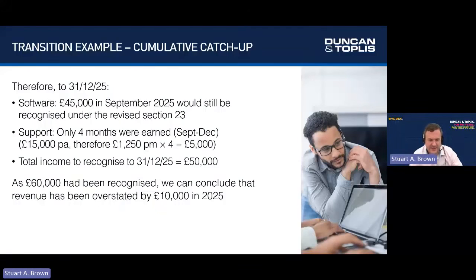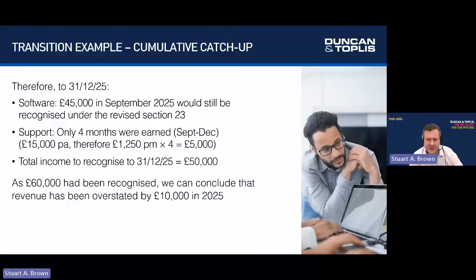Just to reiterate, £45,000 recognised in 2025 is absolutely fine under the revised standard as well. But for support, we only need to recognise £5,000, which is a third of the £15,000 we had previously recognised. Overall, that means we have over-recognised; we've overstated revenue in 2025 by £10,000.